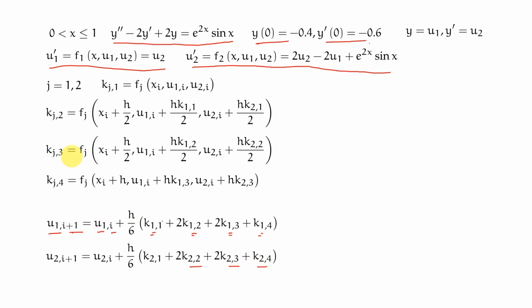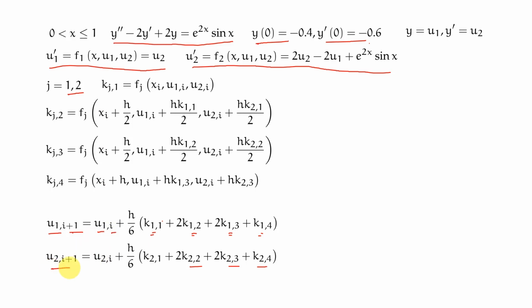So please note that when you calculate k, you have to calculate k1 for both j equals 1 and 2, then only you can go for k2, j equals 1 and 2. Once you have k1 and k2 both done, you go to k3. So for each k, you have to evaluate over both j's, and then only you can go to the next k.